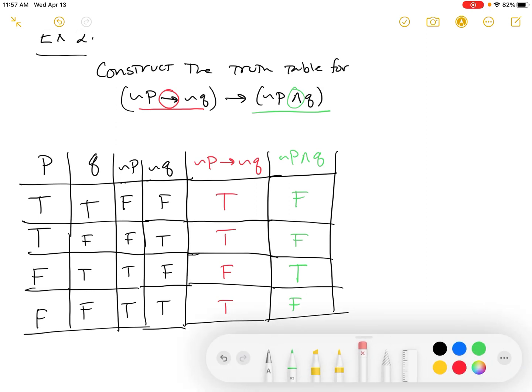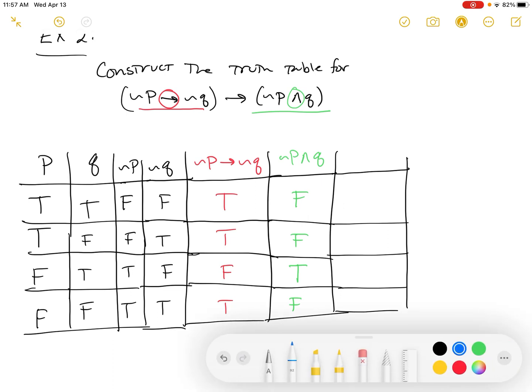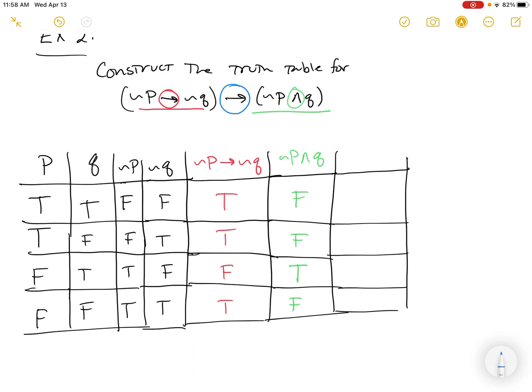Now I'll come back to my pen and make one more column. That column, let me go in blue, needs to be this blue statement. Now we're doing the whole thing, this big blue arrow in the middle. This is the end of our truth table to get the implication.